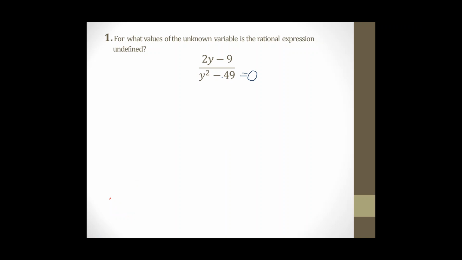Let me write it over here. y squared minus 49 is equal to 0.